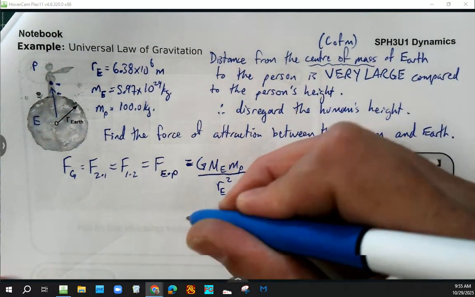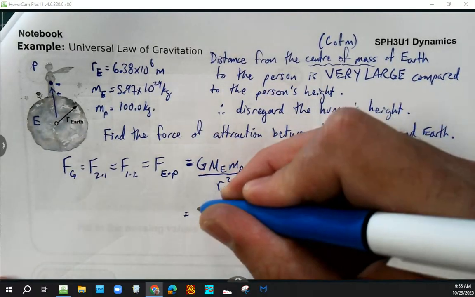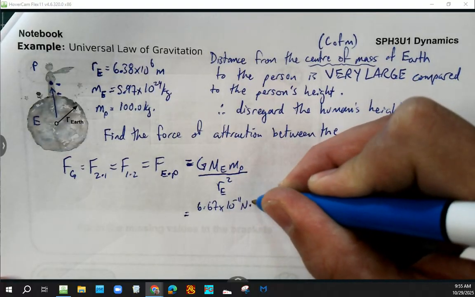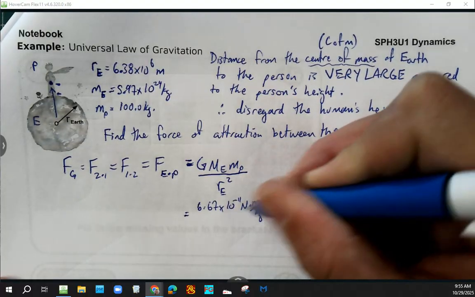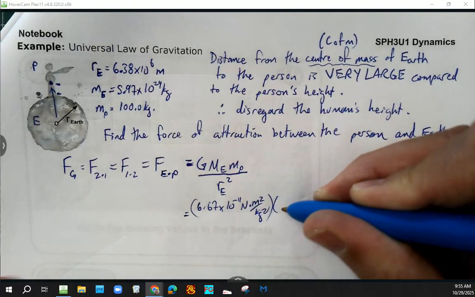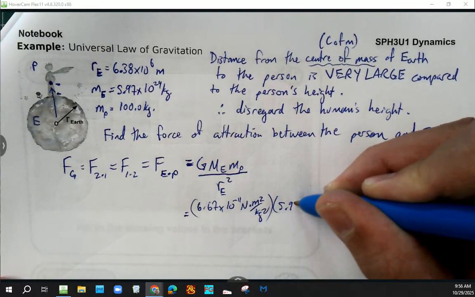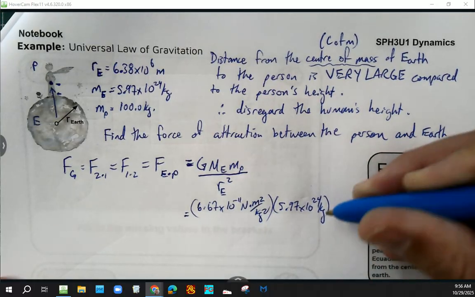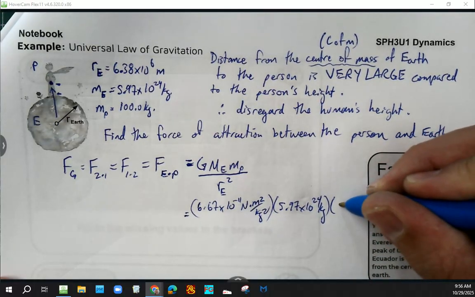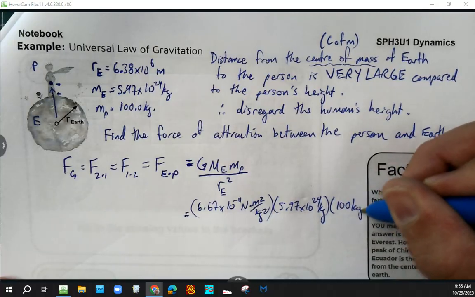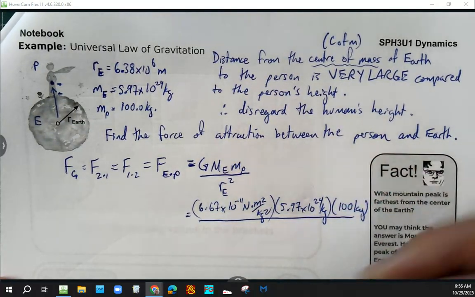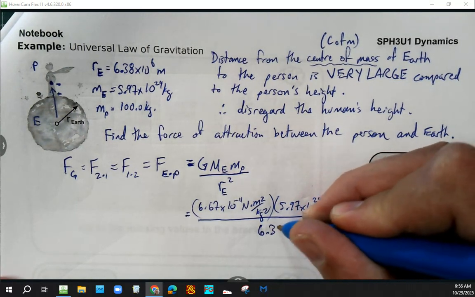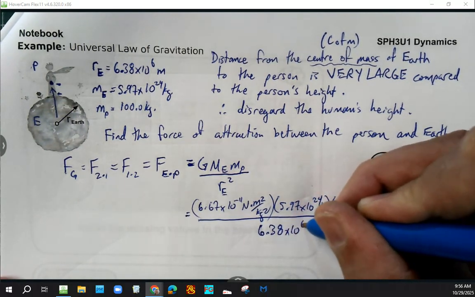And if we sub in our values, that's 6.67 times 10 to the power of negative 11 Newton meters squared per kilogram squared, times the mass of the Earth, 5.97 times 10 to the 24 kilograms, times the mass of the person, 100 kilograms, divided by the distance between their centers of mass, so 6.38 times 10 to the power of 6.